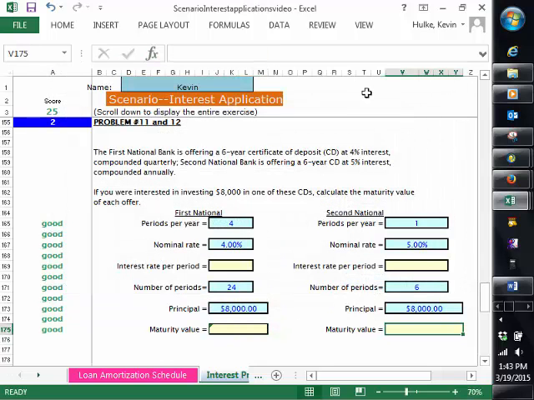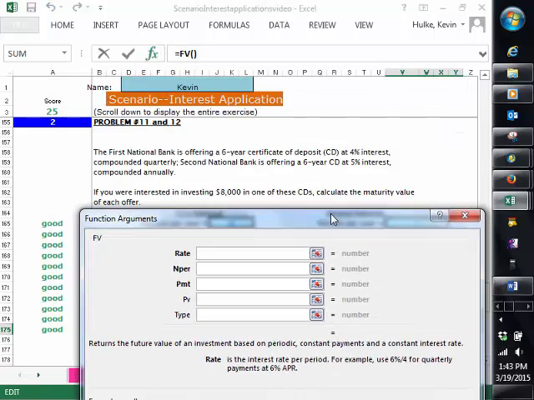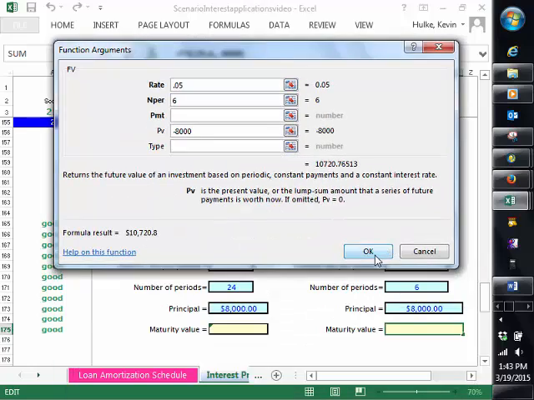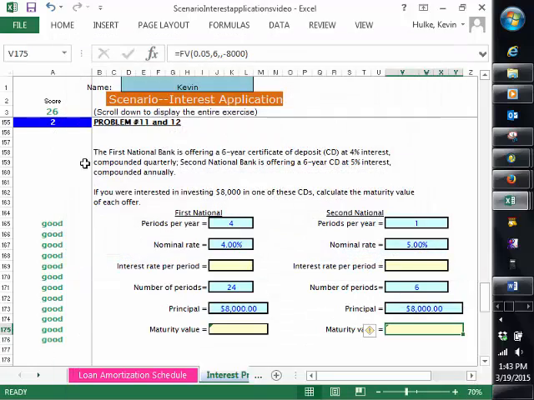And then over on the other side, it will be equals FV. Once again, pull down the FX button. It's 5%. Since it's yearly, we could divide by 1, but it's easier to just leave it as it is. For 6 years, we could multiply by 1, but it's going to be the same answer either way. And we have negative $8,000 once more. When we press that, we get all the points there.